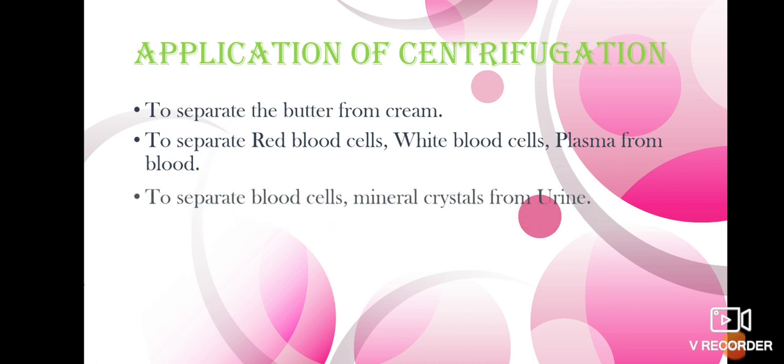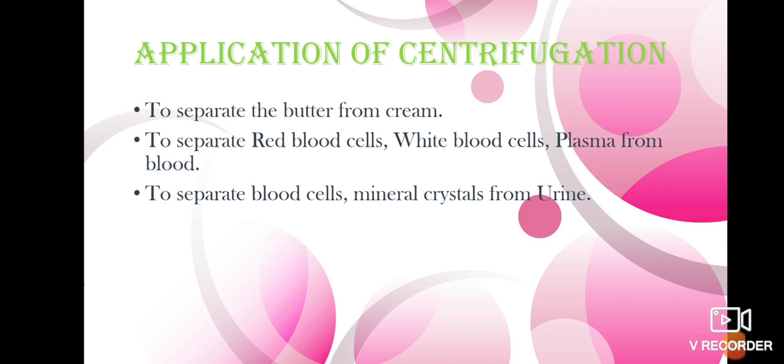Okay students, then to separate blood cells, minerals and crystals from urine. For example, if you go to a hospital and the doctor says you have to go for a urine test, at that time we go to the lab and give our urine to test.